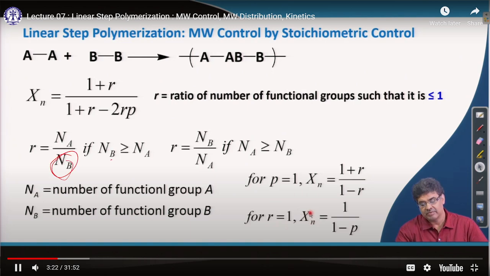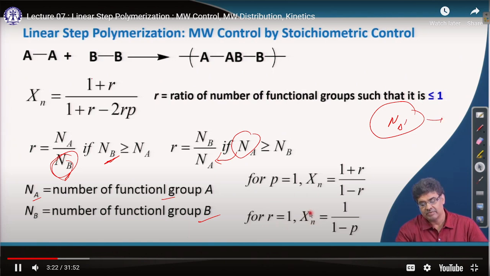If Nb is higher, then you need to put Nb as the denominator, and if Na is higher, then you put Na as the denominator. What are Na and Nb? You already know: Na is the number of functional groups of A, Nb is the number of functional groups of B, and Nb' is the number of stopper molecules.